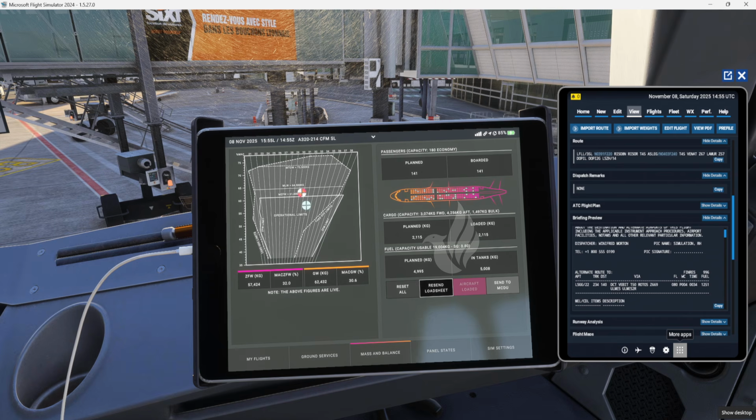So the dry operating mass plus the traffic load gives the zero fuel mass. The zero fuel mass is including passengers, equipment, crew, cargo, baggage, everything.